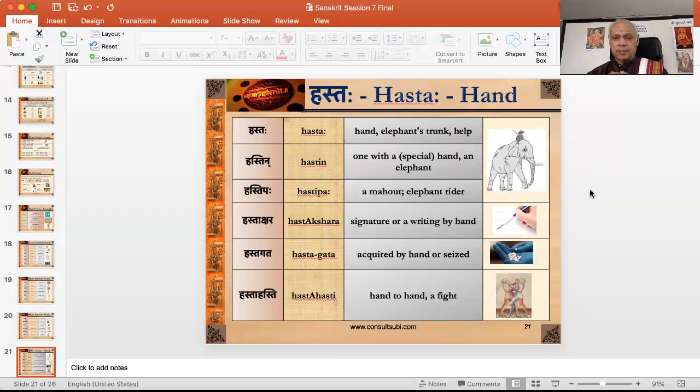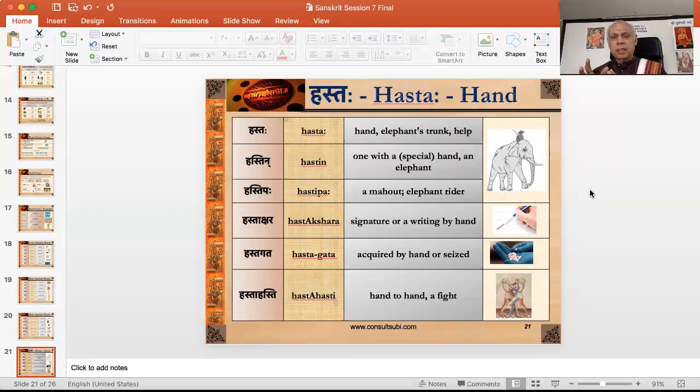Hastahasti. They use two hands to fight. So from one word hasta, which has different meanings like a hand or elephant's trunk, are derived many other words. Hastin, hastipaha, hastakshara, hastagata, hastahasti. See how beautifully this is all connected up, linked up.